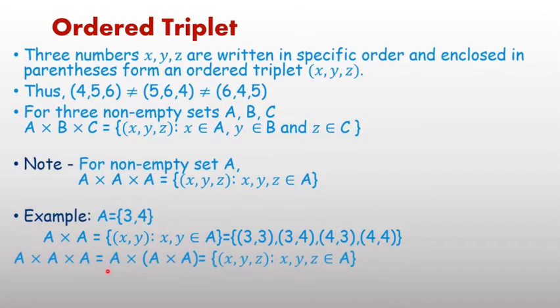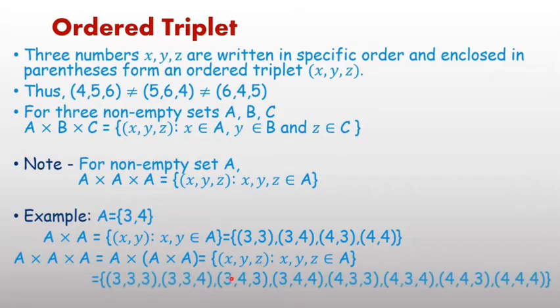Now A cross A cross A. A cross A we have already calculated here. The same pattern applies: x, y, z. In this pattern, for different values of x, if x equal to 3, apply these ordered pairs.